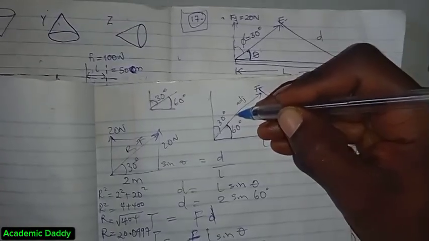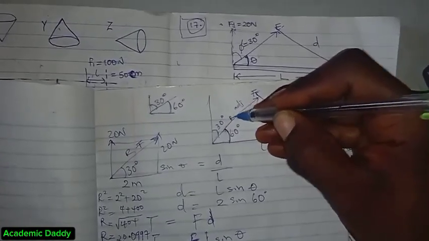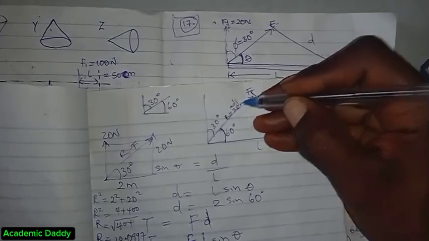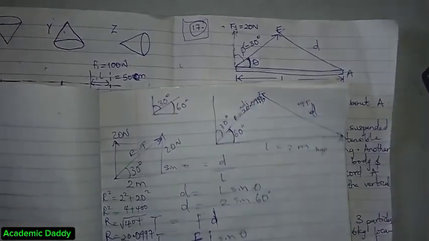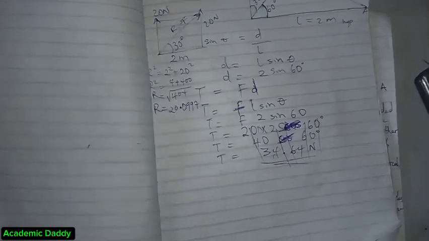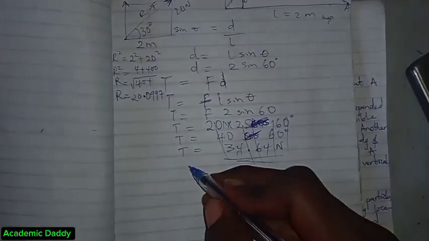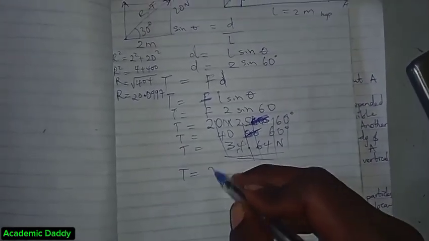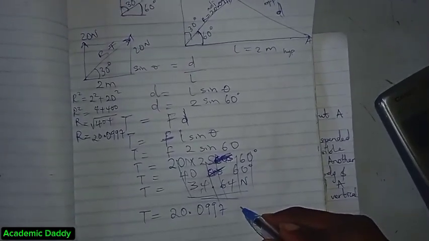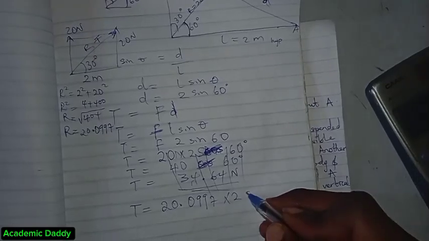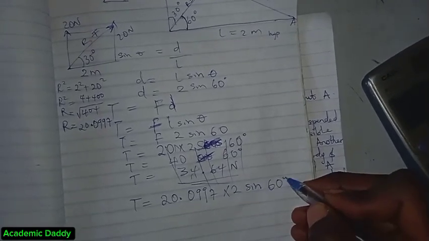This force here is actually R, which is equal to 20.0997. Approximately the same as 20, but we just try to make sure that we are very correct. So T is equal to 20.0997 times 2 sine 60 degrees.